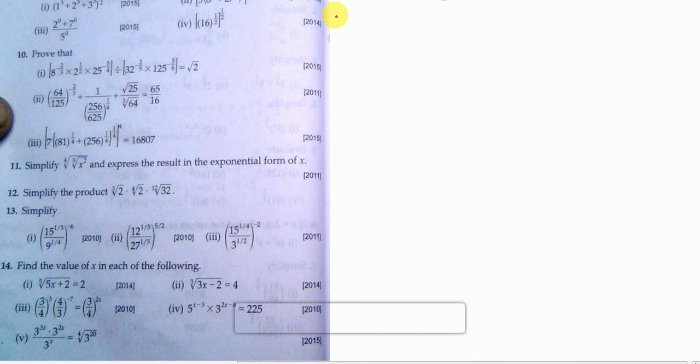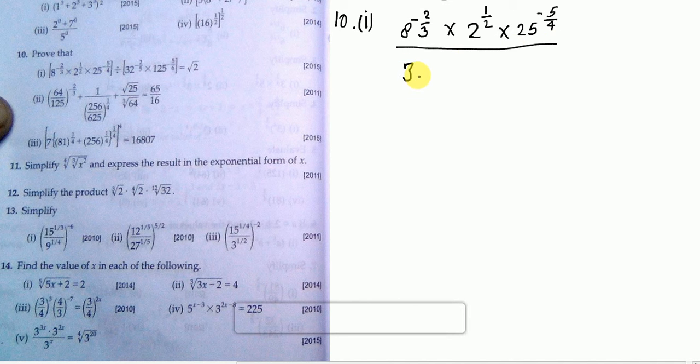So 10 first is: 8 raised to the power -2/3 into 2 raised to the power 1/2 into 25 raised to the power -5/4 upon (32)^(-2/5) into (125)^(-5/6).